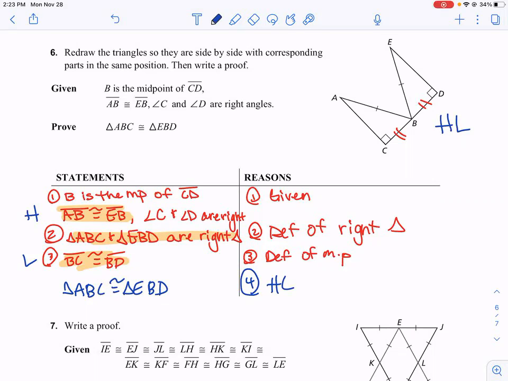You have a worksheet. This is homework. It's homework. Anybody wanted to help me?